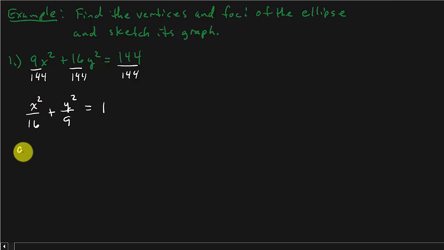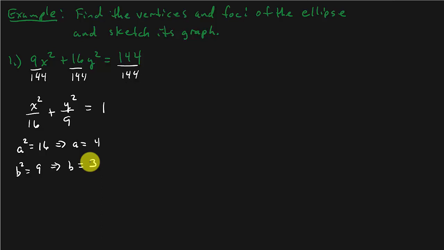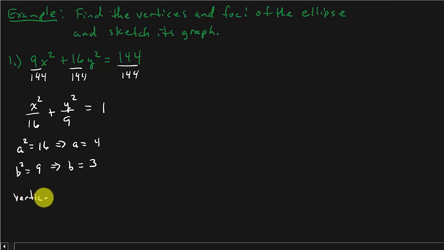All right, so we can see that a squared is 16, which tells us a is what? a is 4. And then we have b squared is equal to 9, which tells us b is equal to 3. All right, so we want to find the vertices and we want to find the foci. Well, we know the vertices.